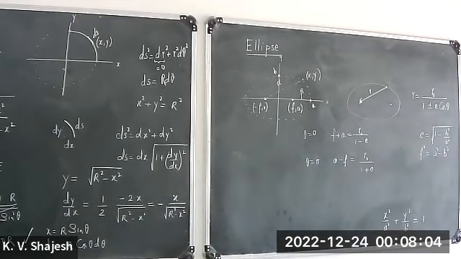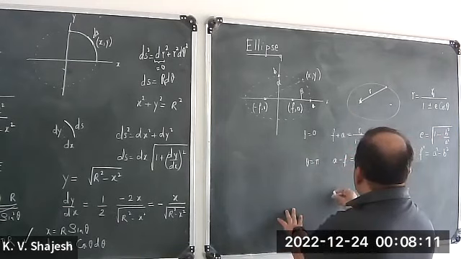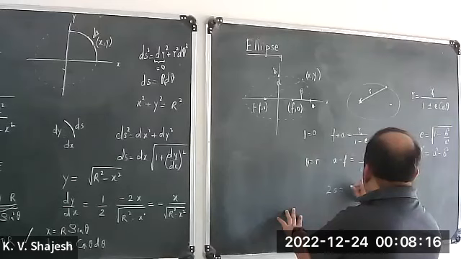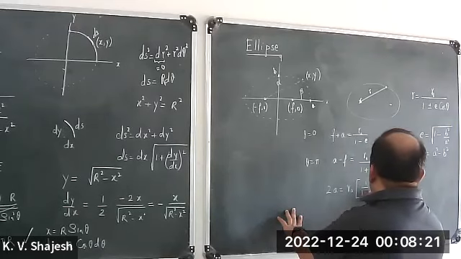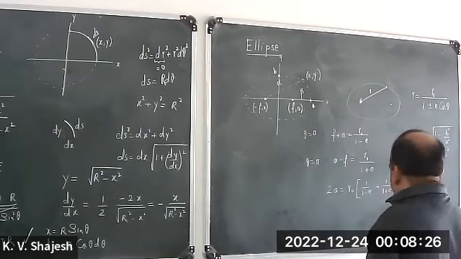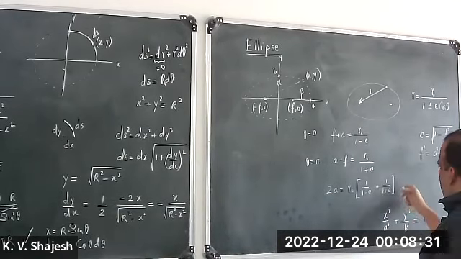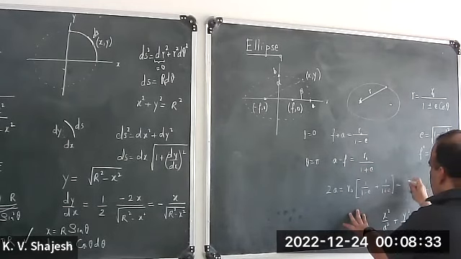Okay, so I can get R naught, I suppose, out of this. If I add these two equations, I get 2 times a is equal to R naught times 1 over 1 minus e plus 1 over 1 plus e, correct? So this is 2 times R naught over 1 minus e².